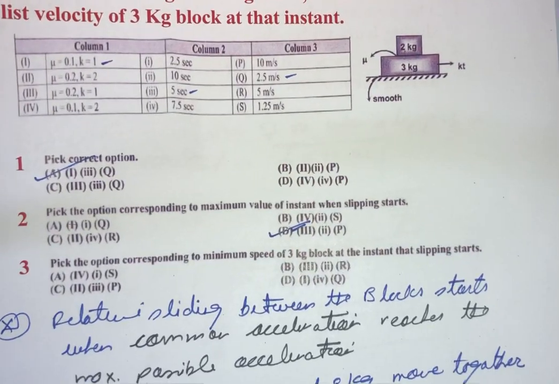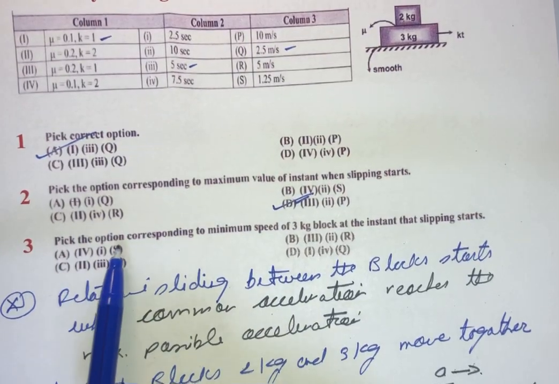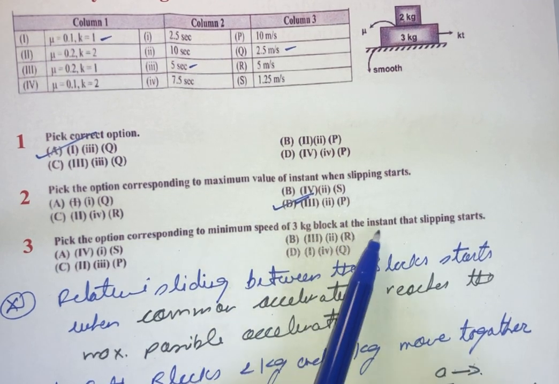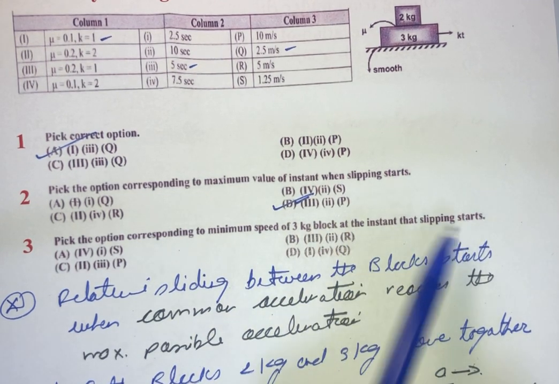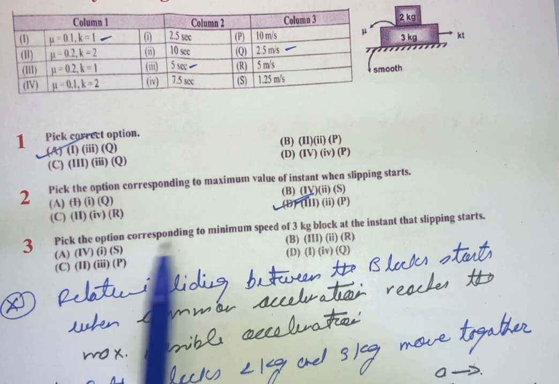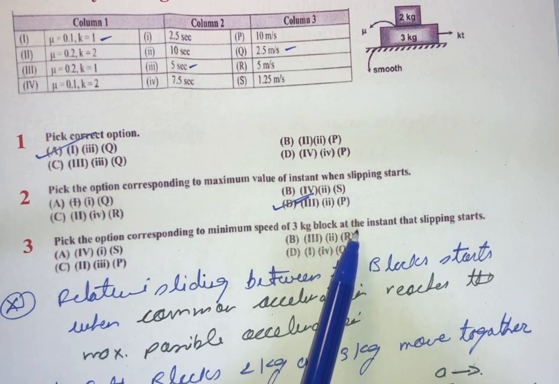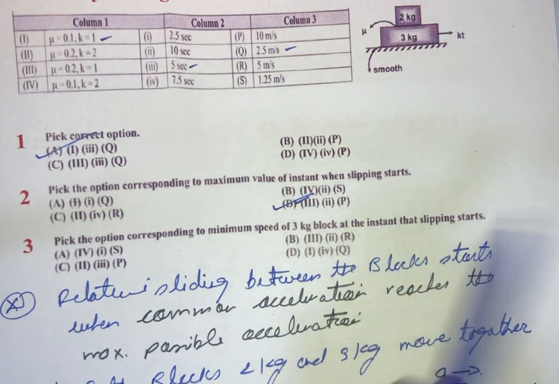Now in the third part, pick the option corresponding to the minimum speed of the 3 kg block at the instant that slipping starts. So we are going to find the option at which the speed of the 3 kg block is minimum at the instant when the slipping is going to start.